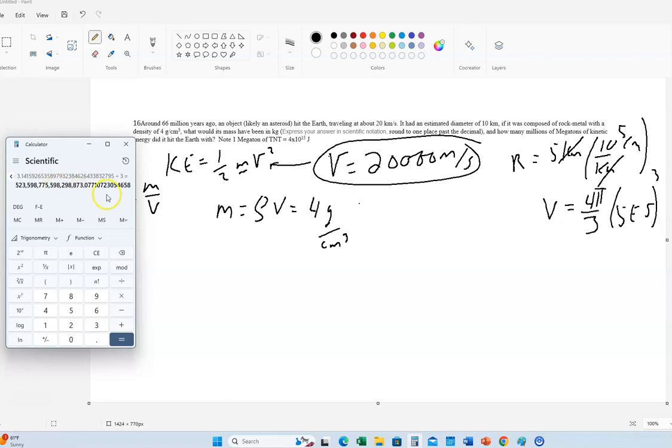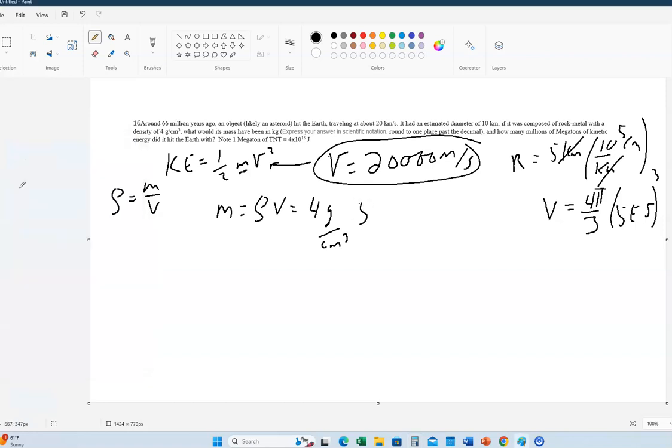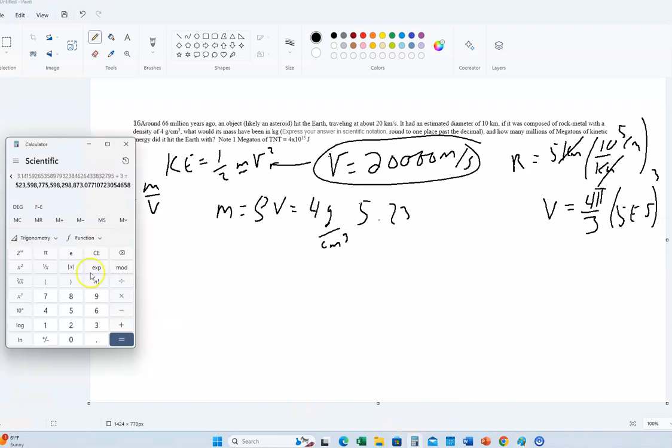Whatever you get, you have to multiply this by 4. Let's see, where is it? There it is. 1, 2, 3, 1, 2, 3. There's 6, there's 12, there's 15, 16. So it's going to be 5 point something, 5.224.